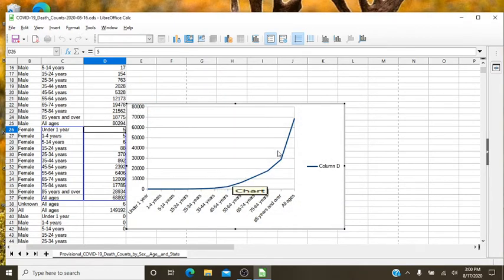Females have continued to climb steadily, even over age 85.